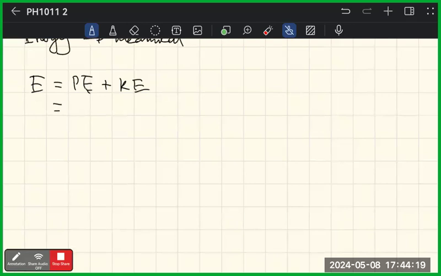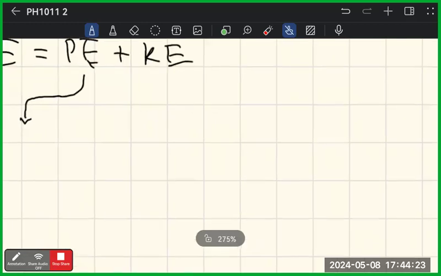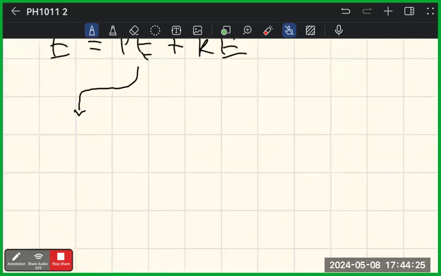On this course, potential energy can only be the potential energy due to position.